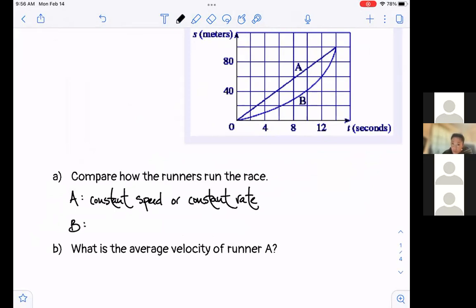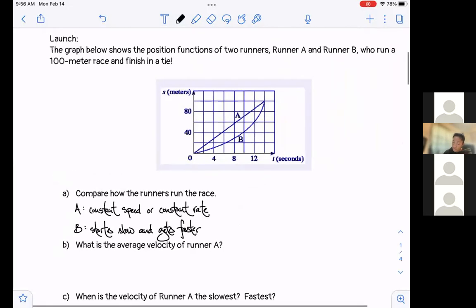And runner B starts slow and gets faster. All right, I think that's a pretty great start.